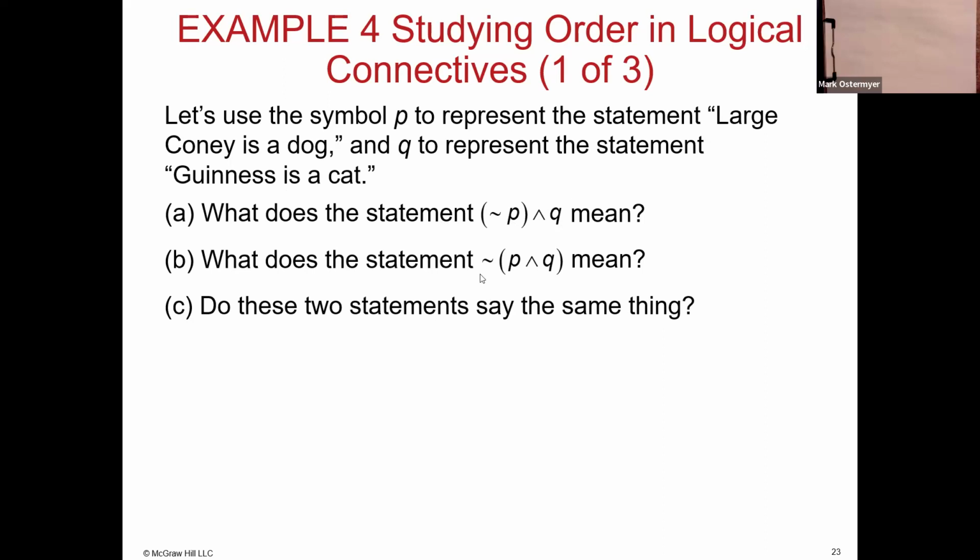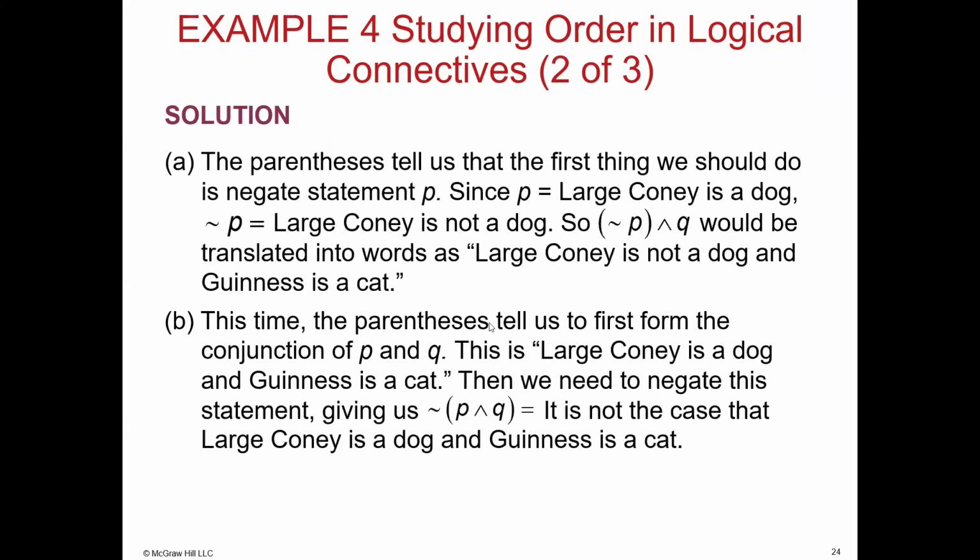But the second one, I'm interpreting it as Coney is not a dog and Guinness is not a cat, or it is not true that Coney is a dog and Guinness is a cat. Because you got the word and between these two statements, that must mean that both these animals are not what they're purported to be. Do you agree? Yes. I'm interpreting that there.